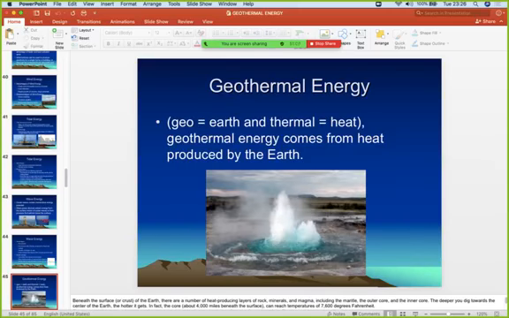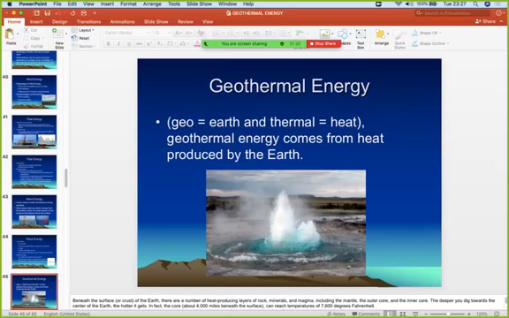So we also have geothermal energy. We mentioned earlier that this is energy from the bottom of the soil. Geo stands for earth and thermal equals heat. The thermal energy comes from the heat produced by the earth.